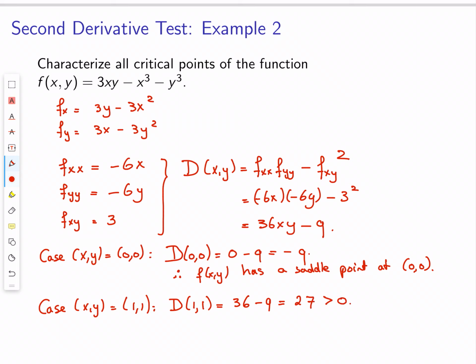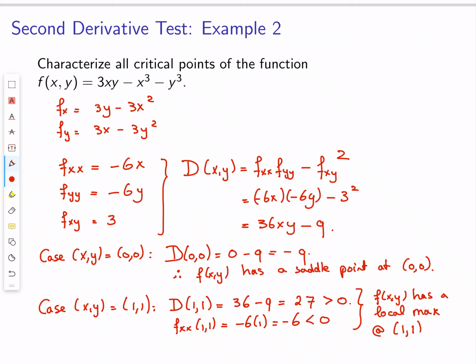So in this particular case, we also need to evaluate f sub xx at (1, 1). f sub xx at the point (1, 1) is minus 6 times 1, which is minus 6, which is less than 0. Okay? This together means that f of (x, y) has a local maximum at the point (1, 1).